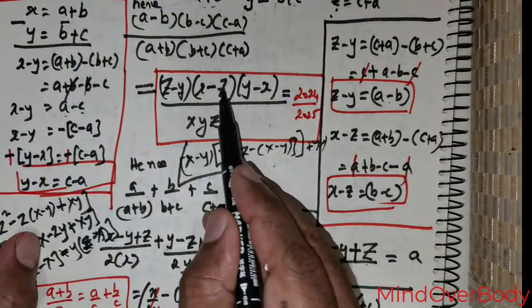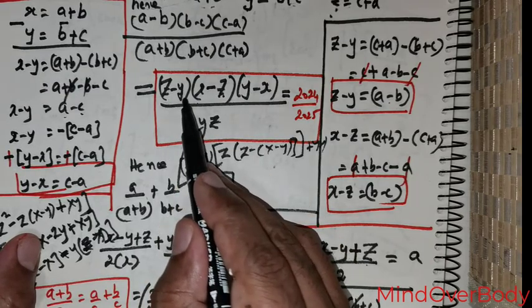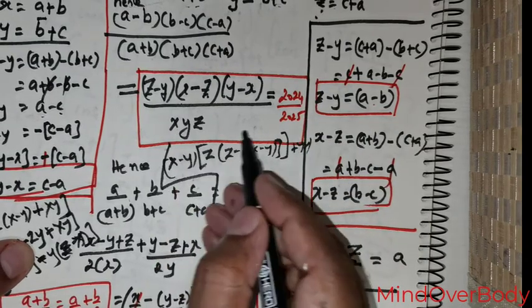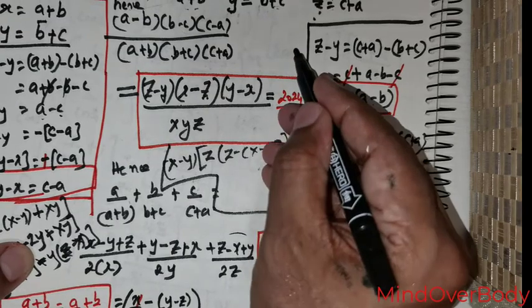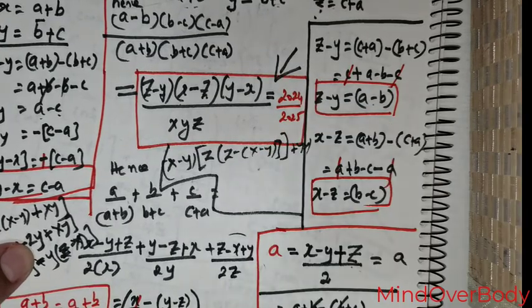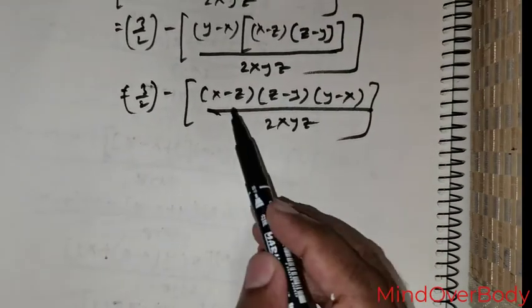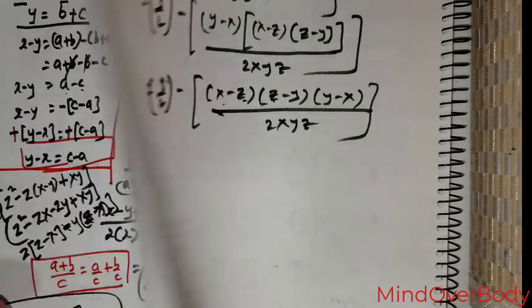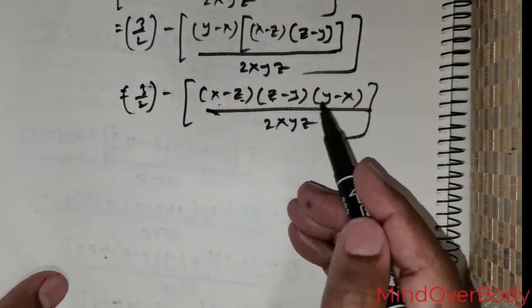X negative z, z negative y, and then y negative x is 2024, divided by xyz is 2025. Right? You check that. So this is what we have got. So let me show that to you. X negative z, z negative y, and y negative x. Perfect.